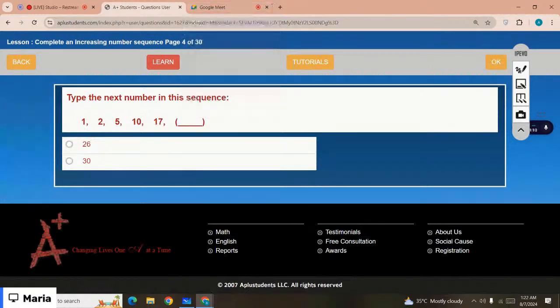In the next, type the next number in the sequence. So which is the correct option? Which is the next number in the sequence?